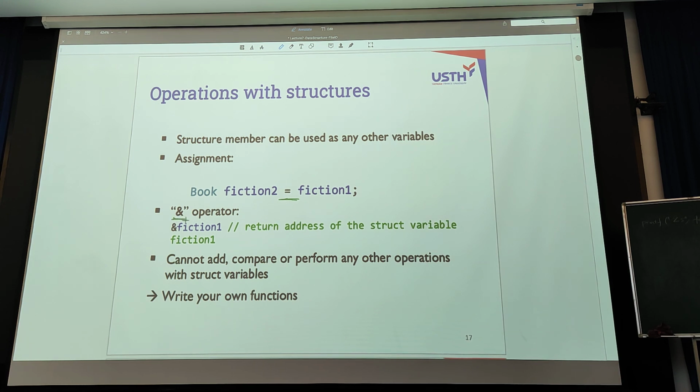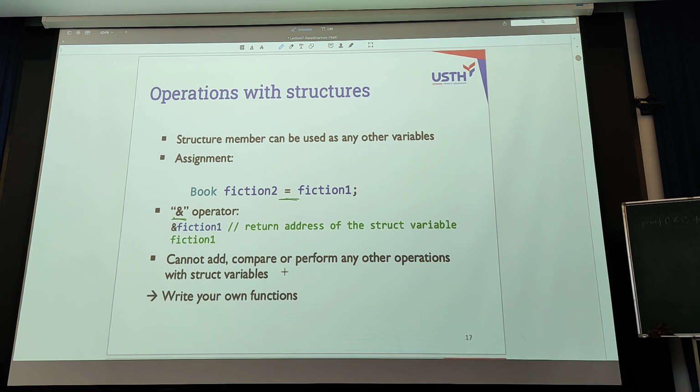And as we have used several times, the AND operator will return the address of the struct variable. Again, you cannot compare, add, or perform any other operation with struct variables. But you can make it possible by writing your own function.